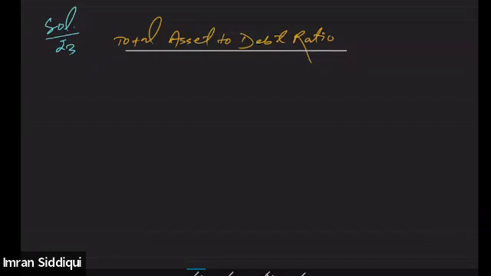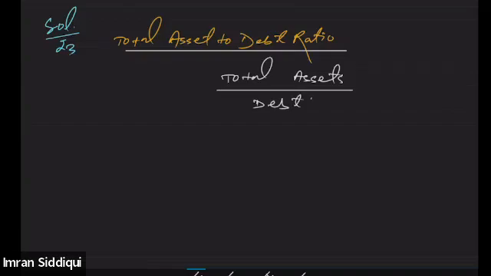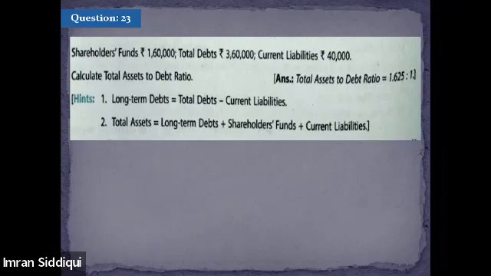We'll first of all write down the formula for the same, which is total asset divided by debt, meaning total debt. Now let's find out what is already given in the question. Shareholder fund is there, total debt is given as 3,60,000, current liability we have 40,000.